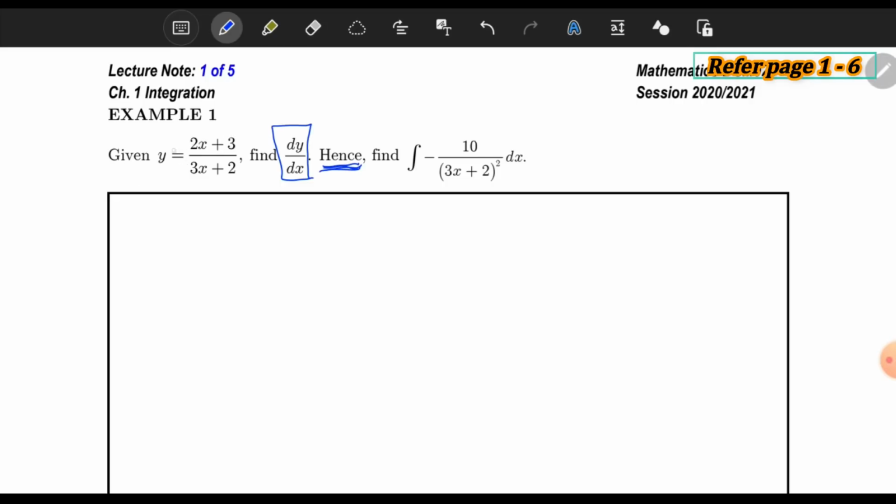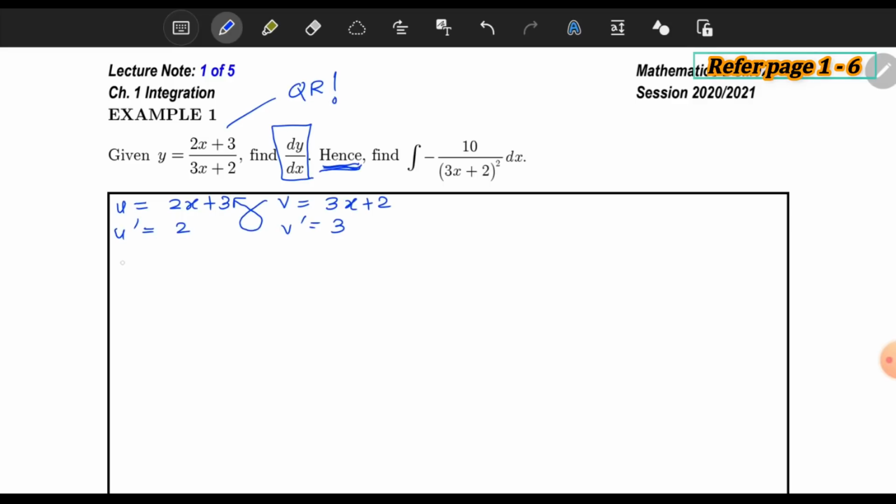And if we notice here, the function is in division form, meaning that we need to use the quotient rule. So you need to recall your differentiation. What is u? u is 2x plus 3 and v is 3x plus 2. u prime is 2 and v prime is 3.